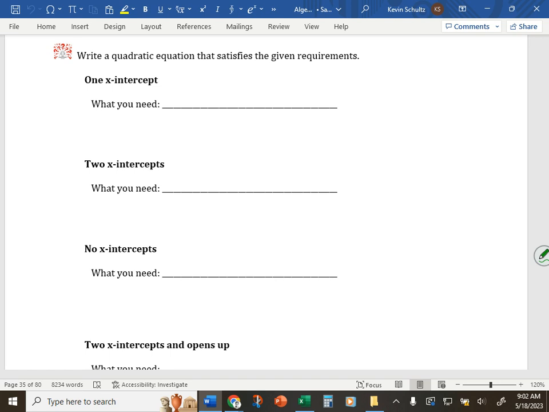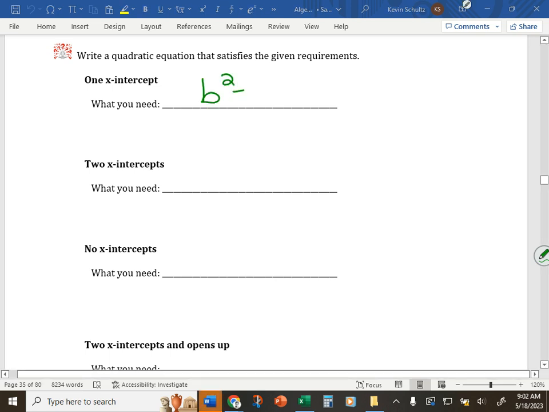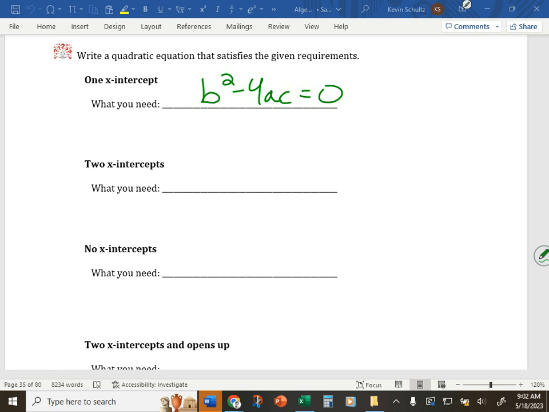What must equal 0? The discriminant. So you need to write a quadratic equation such that if you plug your values for a, b, and c into the discriminant, it will equal 0. You can't just put this. That's what tells you it'll have 1 x-intercept.